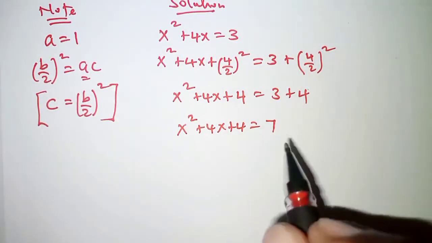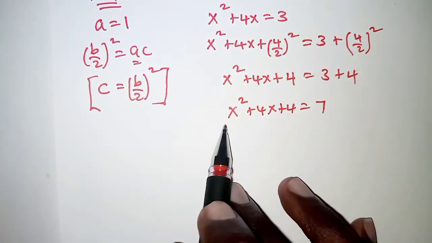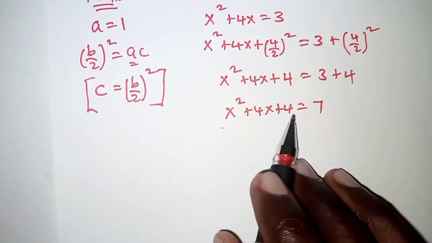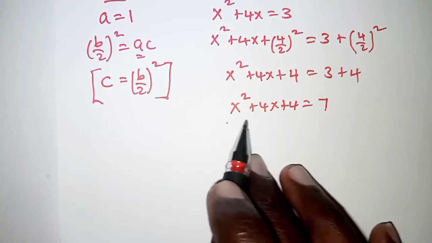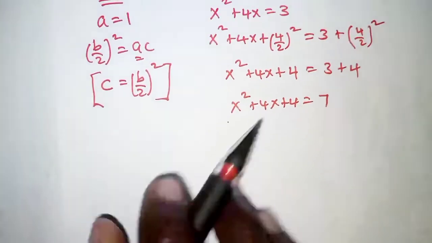So at this particular point, I want us to be very keen. On the left hand side, we'll be required to factorize this quadratic expression. And when it comes to perfect squares, we don't need to bother a lot. Just consider this.